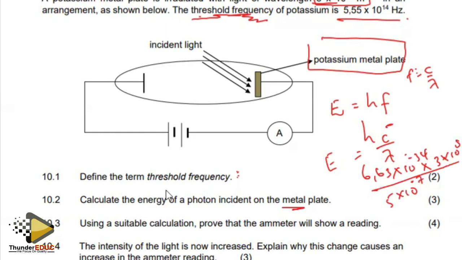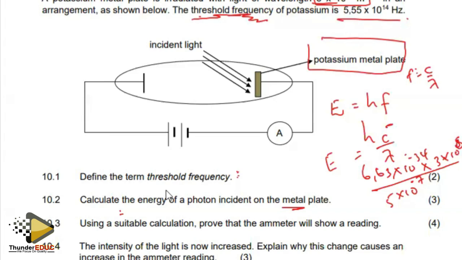Okay. When I substitute all of this, punch it into the calculator, 6,63 times 10 to the negative 34 times 3 times 10 to the 8, because that is the speed of light. Okay.